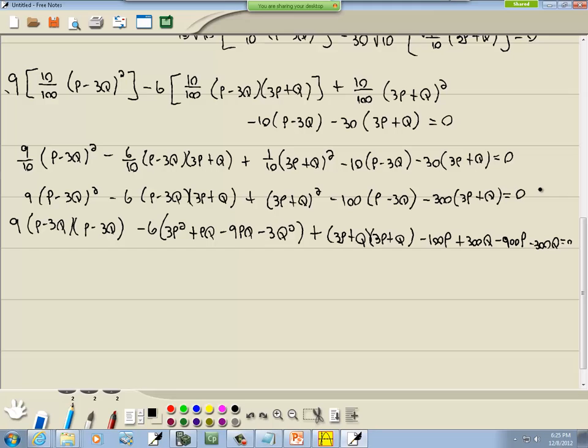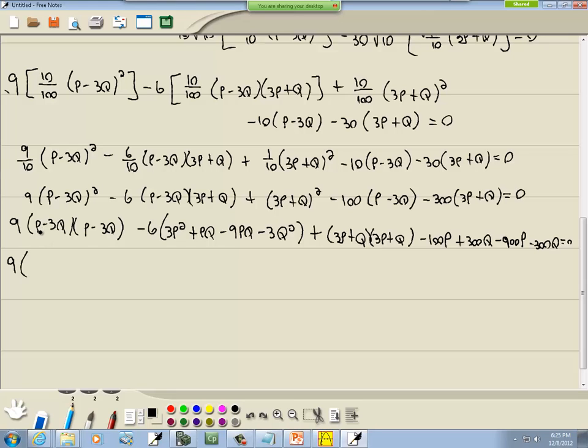And let me do some checking here. 300q minus 900p minus 300q minus 100p. Okay. Wish I had done it the same as my sheet.